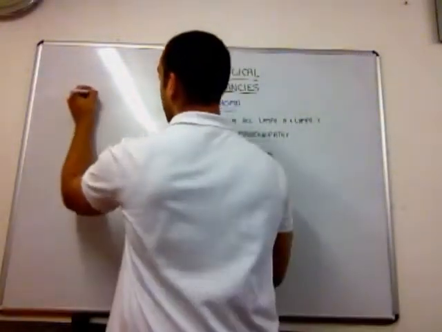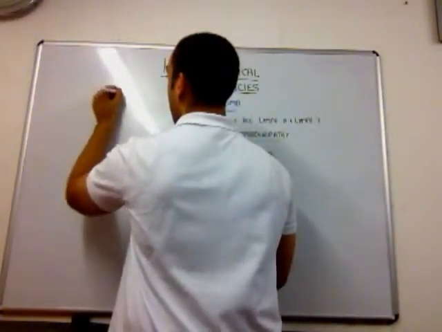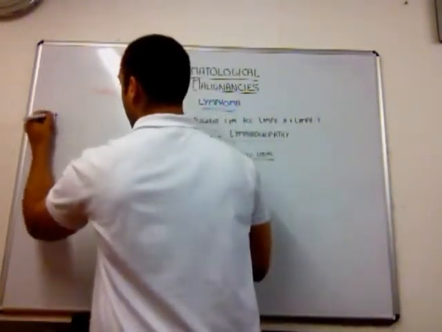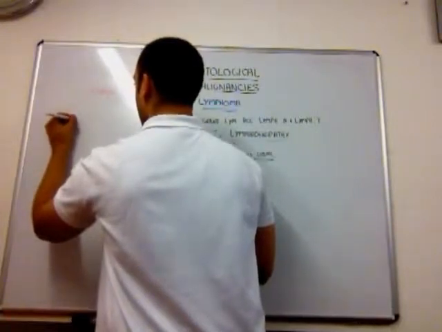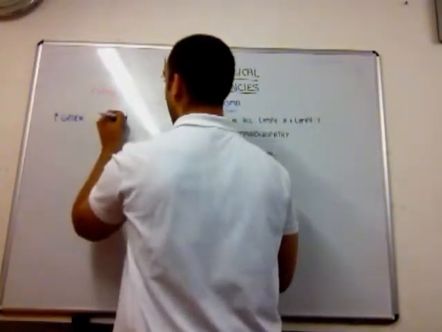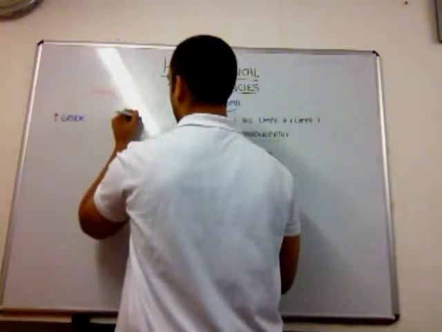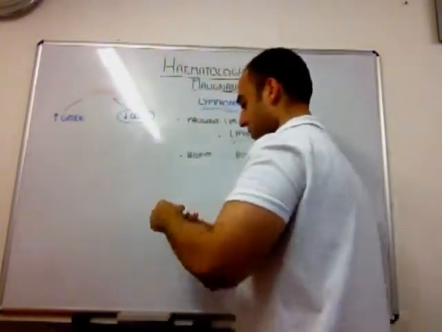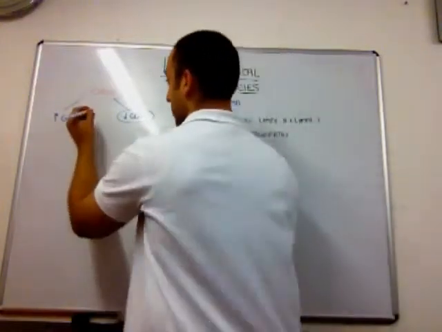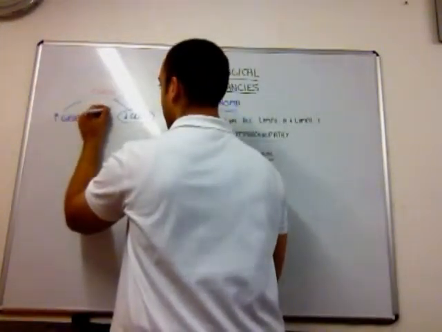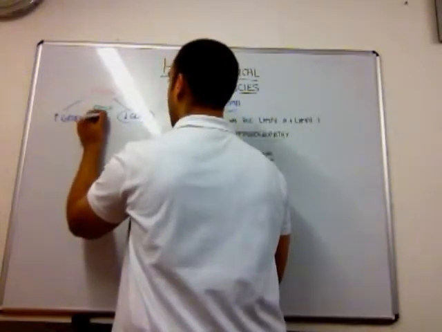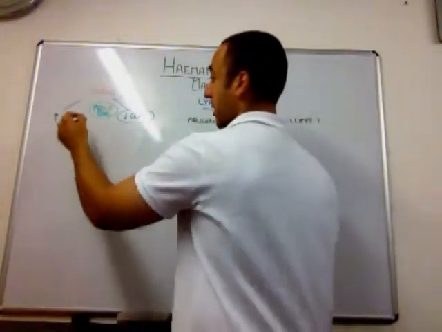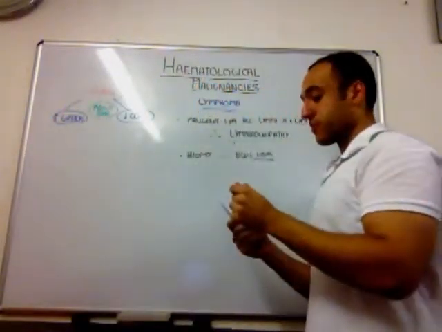So classification: we can have a high grade or a low grade, and this is all going to depend on our proliferation rate. Depending on this, it's going to tell us whether we have a high-grade lymphoma or a low-grade lymphoma.